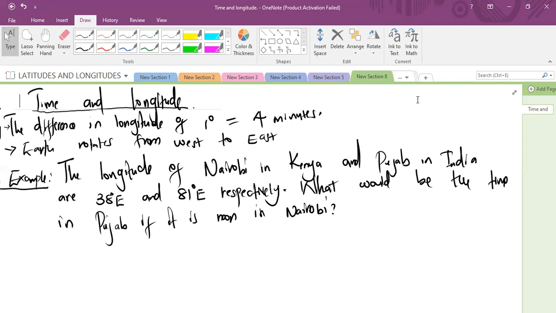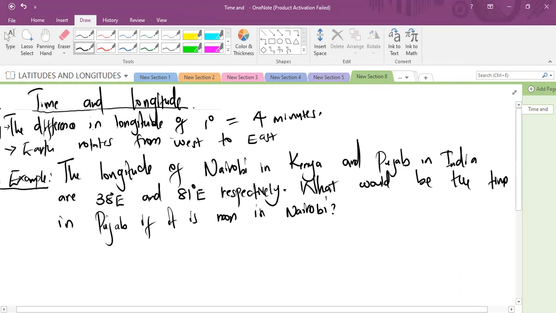So for example, here we're being told the longitudes of Nairobi in Kenya and Punjab in India are 38 degrees east and 81 degrees east respectively. What would be the time in Punjab if it is known in Nairobi? Now we know that the time difference in longitude of 1 degree gives us 4 minutes.